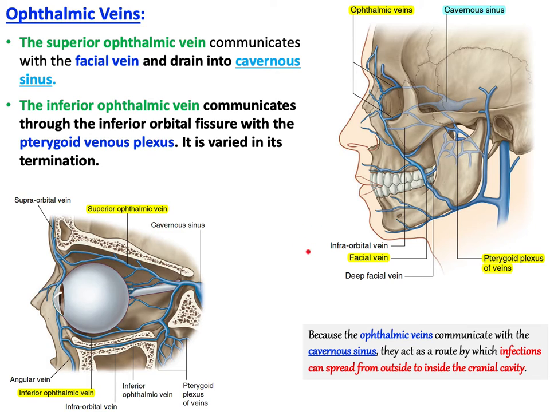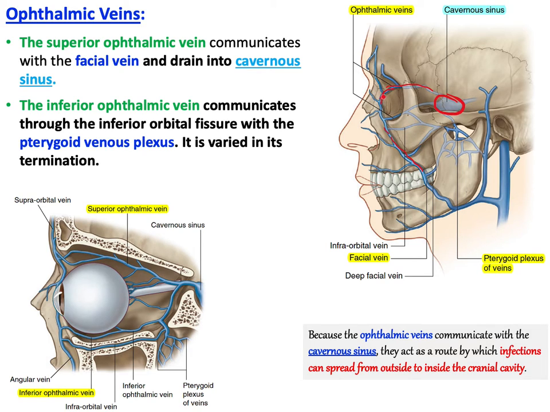Now veins, we already explained this in a previous lecture maybe 1 week ago, when we talked about the danger area of the face, and we mentioned the ophthalmic veins. Let's start with the superior ophthalmic vein that communicates with the facial vein and drains into the cavernous sinus.